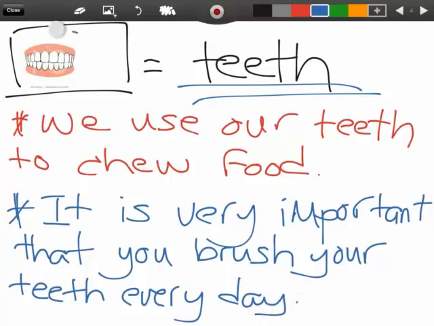Excuse me. I'm going to go ahead and read it for you. It says, "It is very important that you brush your teeth every day." This is called teeth.